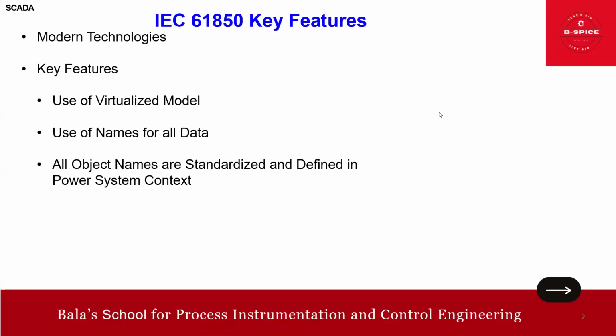Then all object names are standardized and defined in the power system context itself, meaning the names of the data on the IEC 61850 device are not dictated by any device vendor or configured by the user. All names are defined in the standard itself and provided in the power system context, thereby enabling the engineer to immediately identify the meaning of the data without having to define mapping.